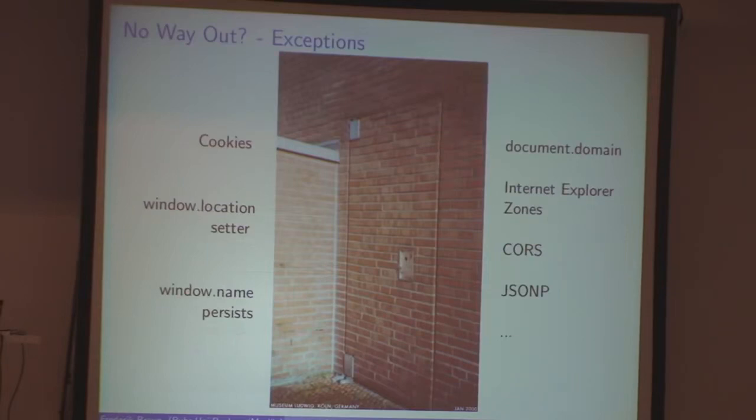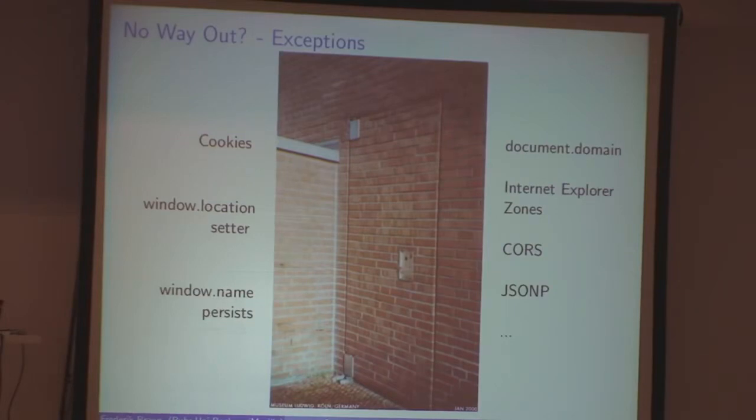The same origin policy was invented, I think, in 1996, when I think it was Netscape thought frames were a great idea. And then they realized it's not so great an idea if you frame other pages and reach into the content and can extract potentially private data. So they rushed into blocking certain things and invented the same origin policy in an ad hoc way. And cookies are much older than the same origin policy, so they're not really subject to it.